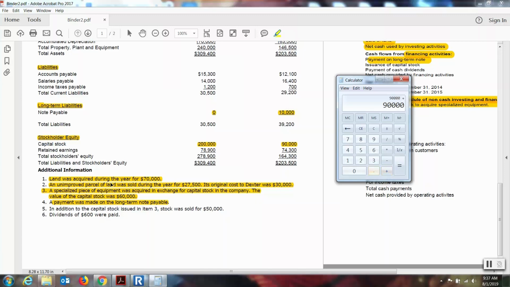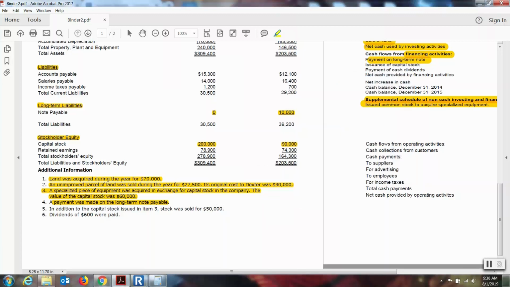And remember, back up at number 3 here, we were told that $60,000 was given for the new equipment that was purchased. So that would be $150,000. Now this item, number 5, tells us that additionally $50,000 in stock was sold. So that reconciles our current balance in capital stock to $200,000.